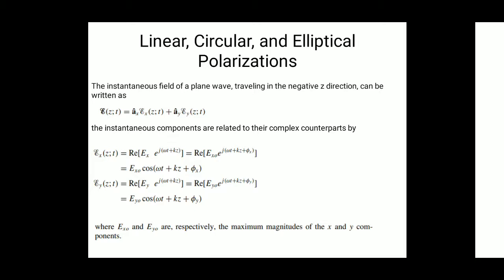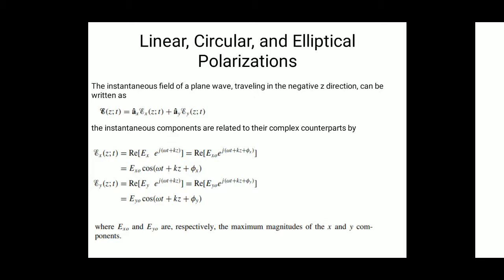Now we represent the x component in complex format, as the real part of the electric field component in the x direction: Ex0 e^(j(wt + kz + phi x)), where k is a constant and phi x is the constant phase angle for the x component.